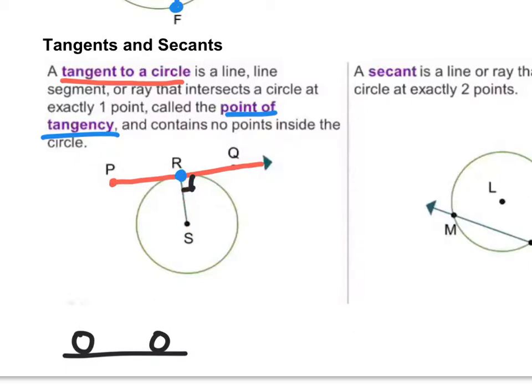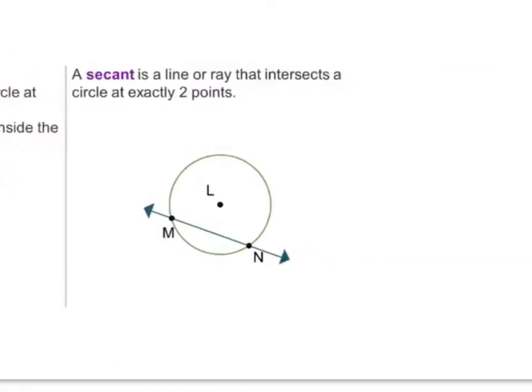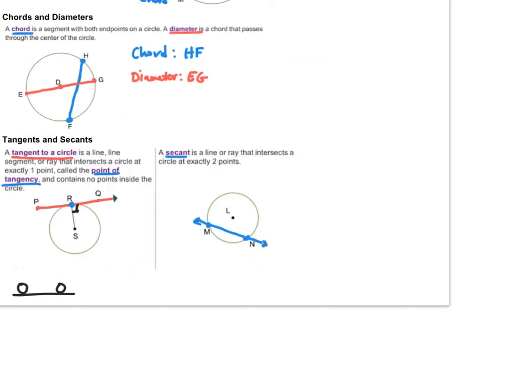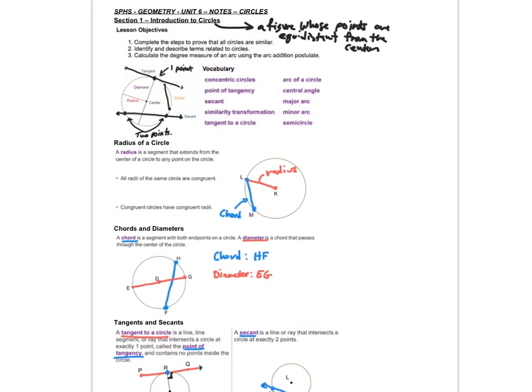A secant is a line or ray that intersects a circle at exactly 2 points, at M and N, not at 1 point. So it's a couple different things that we've got going on here.